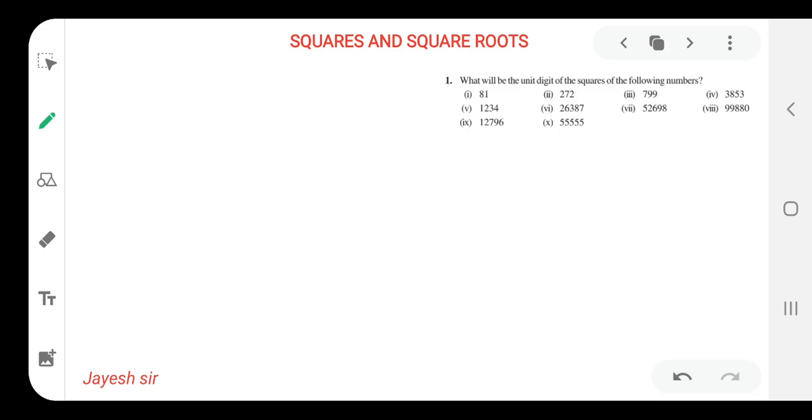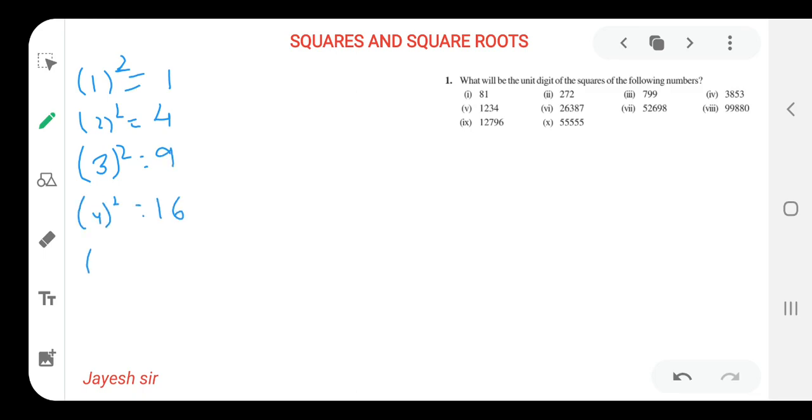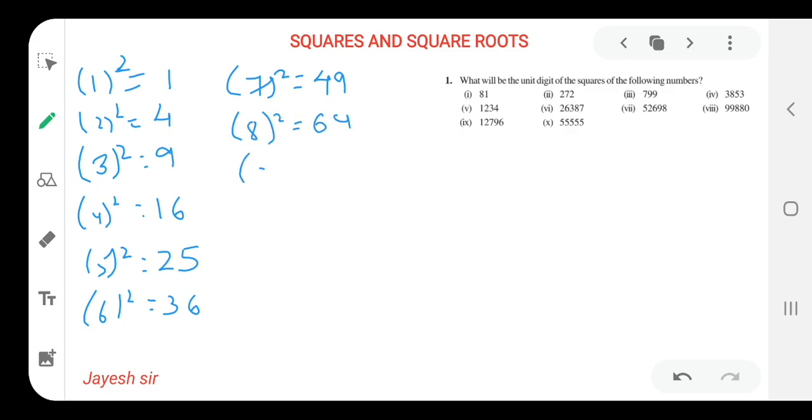Before solving this question, one thing I would like to share with all of you: to find the unit digit, this should be kept in mind. 1 square is 1, 2 square is 4, 3 square is 9, 4 square is 16, 5 square is 25, 6 square equals 36, 7 square equals 49, 8 square equals 64, 9 square equals 81, and 10 square equals 100.